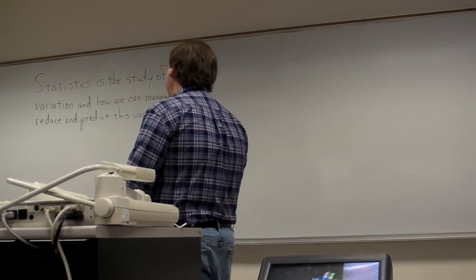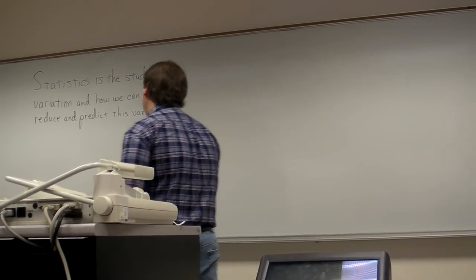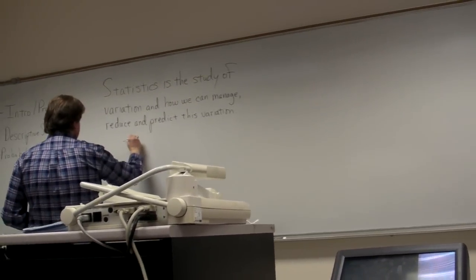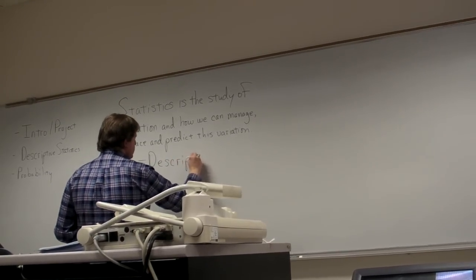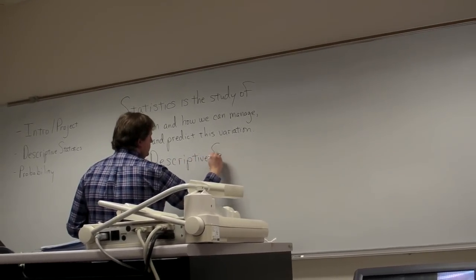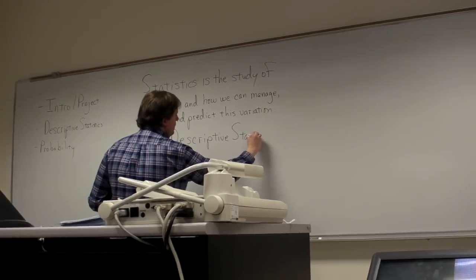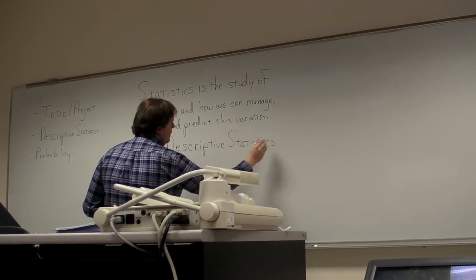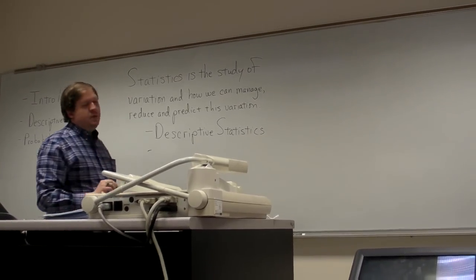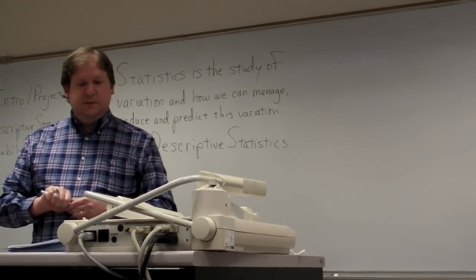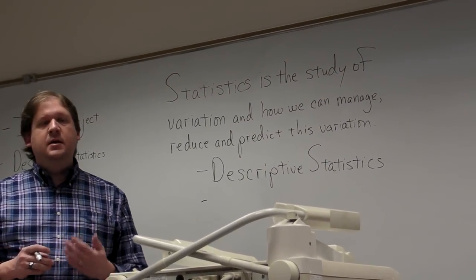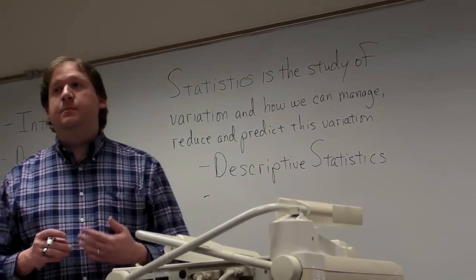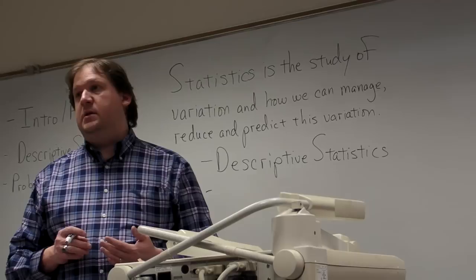So there are two branches of statistics. The first branch is descriptive statistics, and this is the one that everyone knows. This is taking a data set and describing the characteristics of that data set.